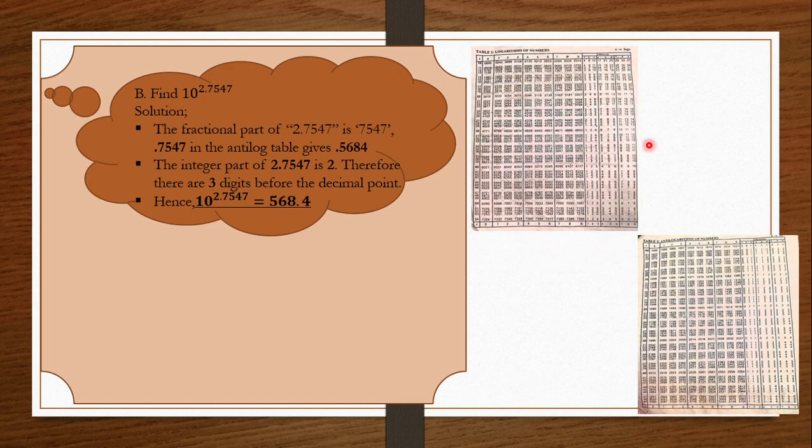Here I kept the diagram of the logarithm and the antilog. So we are using the antilog table here. If we check the fractional part up in the antilog table, let's zoom in.